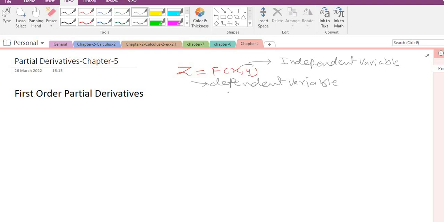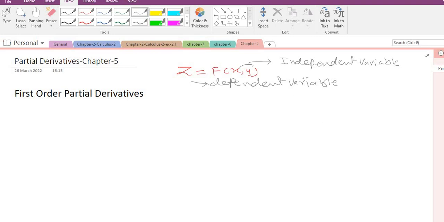When a function is written like z is equal to f of x y, meaning two or more independent variables and one dependent variable are involved, then the derivative is called a partial derivative.